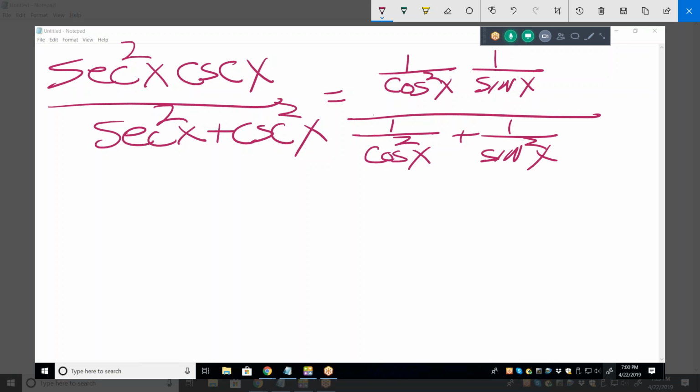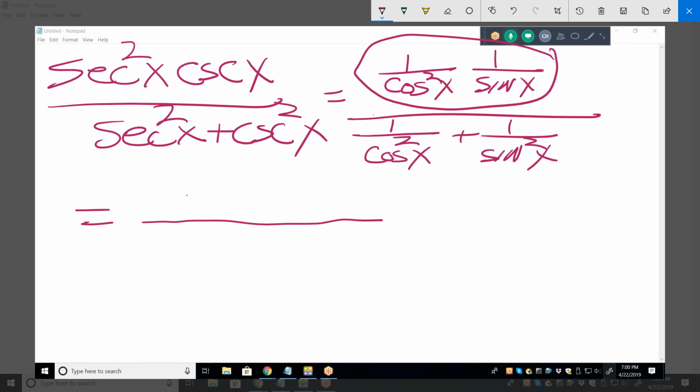What's the top? In other words, what does that become? You didn't leave off anything, did you? All 4 of these are not supposed to be squared, correct? The numerator is secant squared times just cosecant? Yeah. There's no square on the cosecant? No. Okay. So, what's the new numerator?